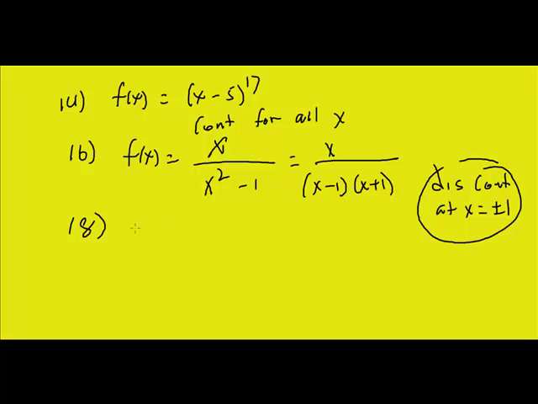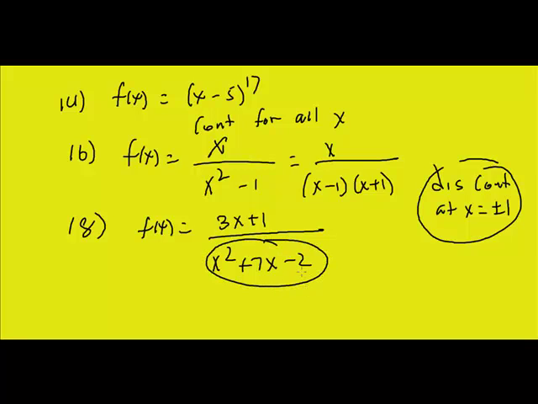So 18, I have my f of x is equal to 3x plus 1, all that over x squared plus 7x minus 2. So I have to find out where this is discontinuous, where the bottom is 0. Well, I can't factor this, so I might as well go to the quadratic formula.